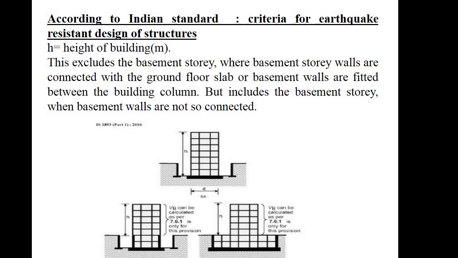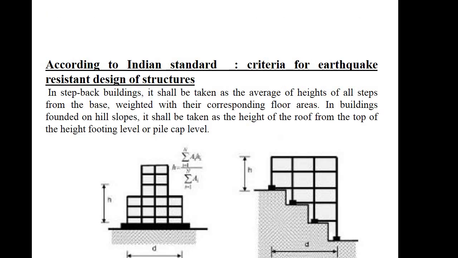Similarly, if there is any basement, you should take the height from the ground level to the top of the main roof. And similarly, there are two major structures, step-back buildings, where the weighted mean height is taken in such conditions. Then you manually do the analysis for the seismic force or base shear.